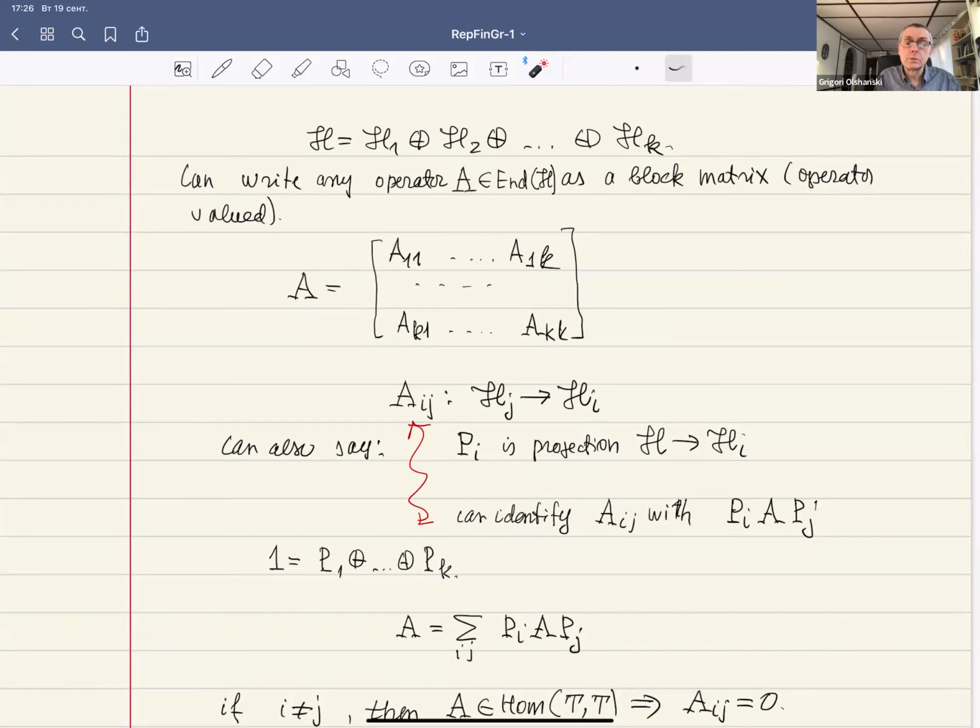This just means that if you take the orthogonal projection onto an invariant subspace, we get this compatibility claim. Is it clear? Is it okay? And what next?